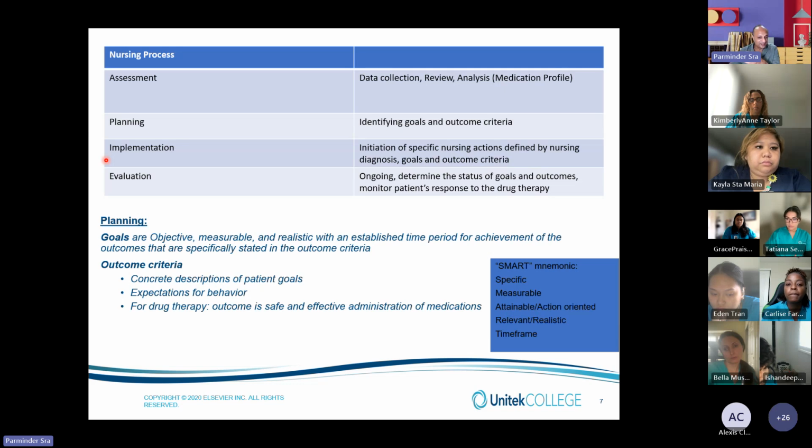As far as evaluation, you as a nurse evaluate the patient's oxygen saturation after 24 hours, because that's what you set the goal for, right? If the goal of maintaining saturation above 92% is achieved, your intervention was successful. But if not, you may need to make adjustments. Do you need to increase the oxygen? Is there something else you need to do? That's exactly what should be part of your evaluation.